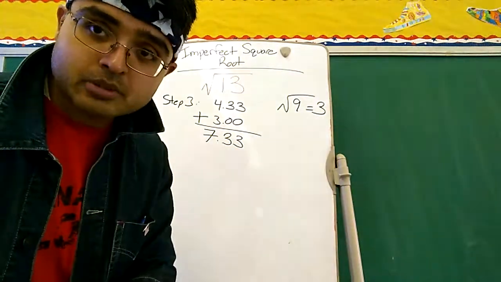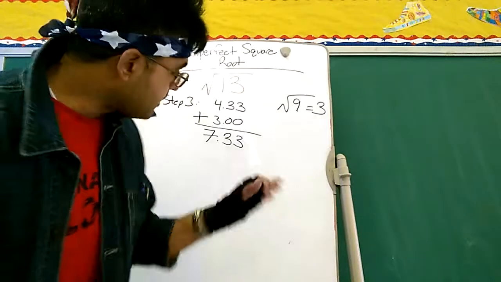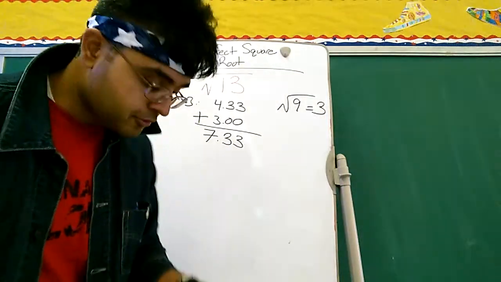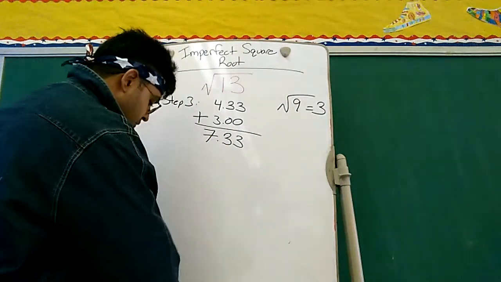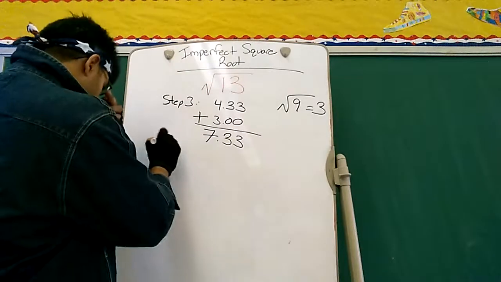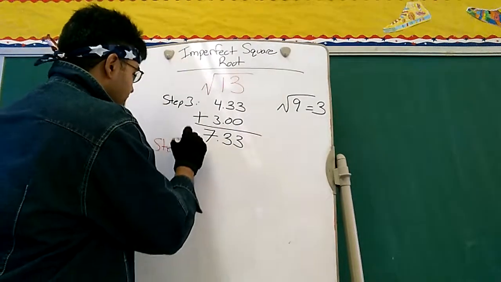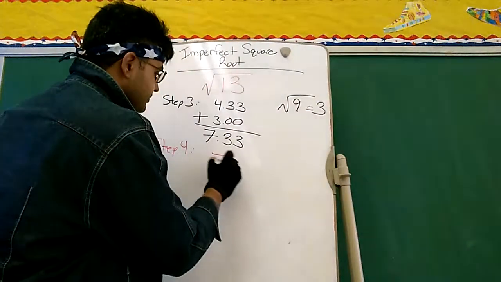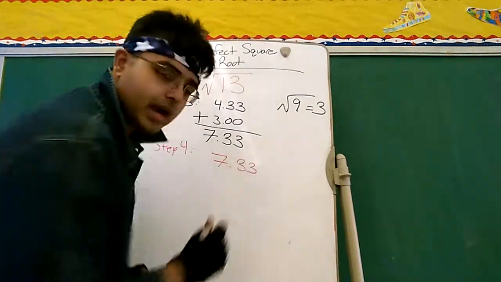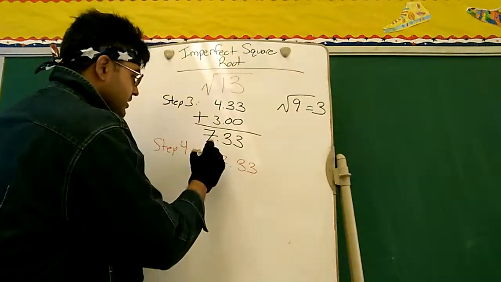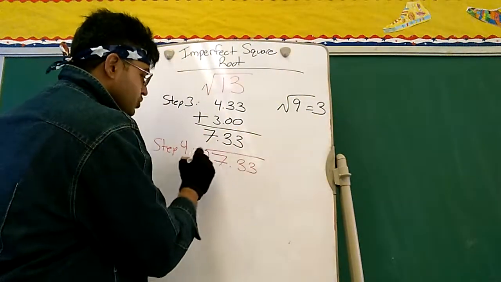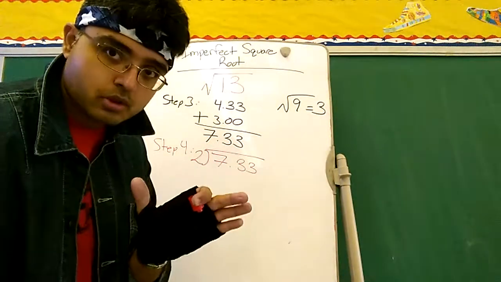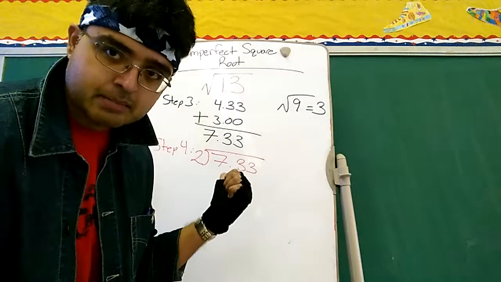And now we're coming to the final step. I'm going to use this answer for step number 4. And in step number 4, I'm going to take my answer, 7.33, and I'm going to divide it by 2. Always. We always divide by 2 in step number 4.